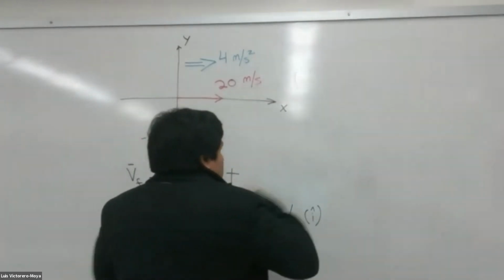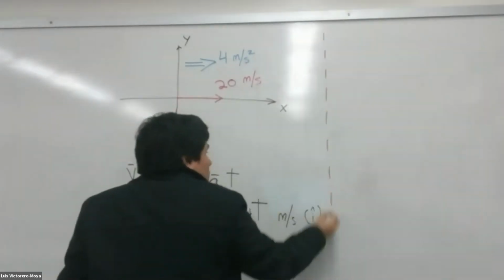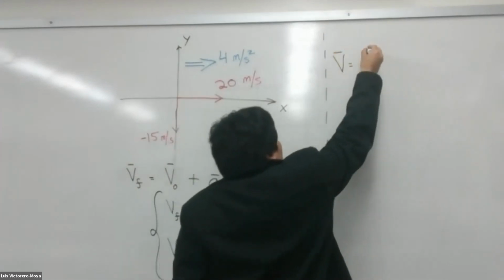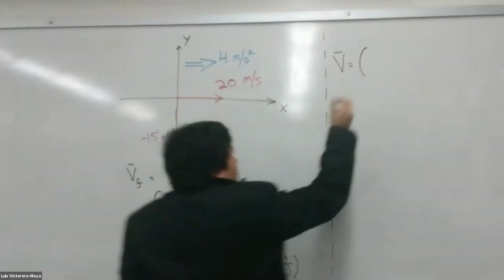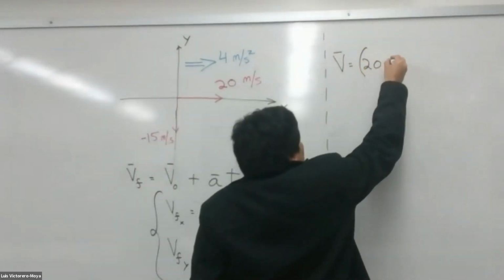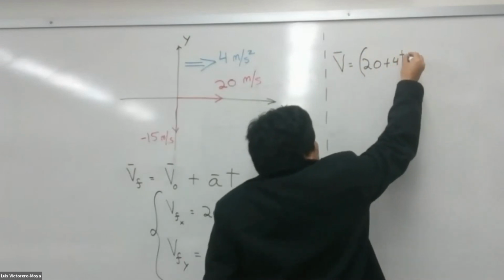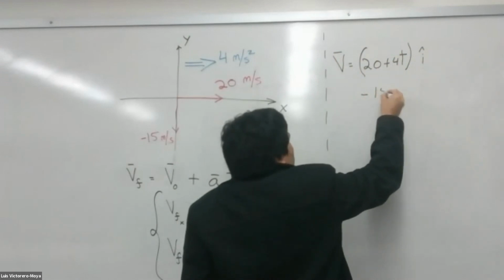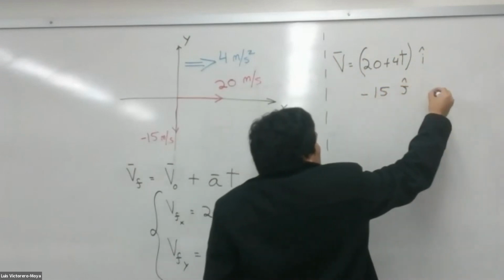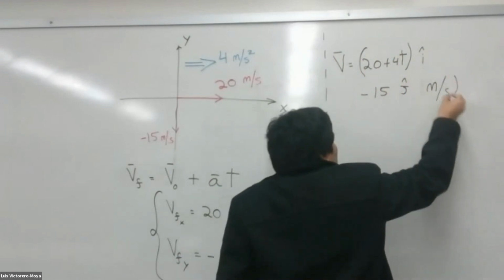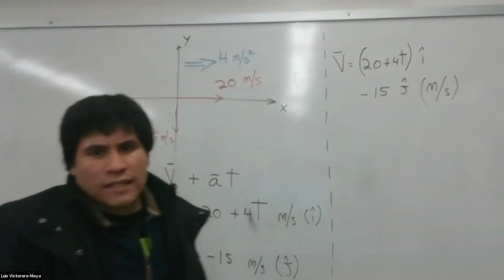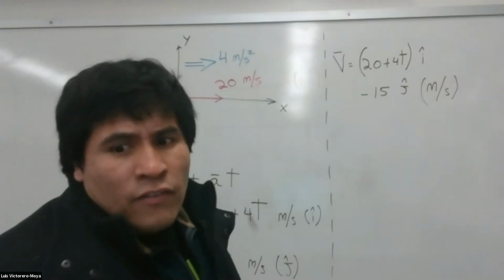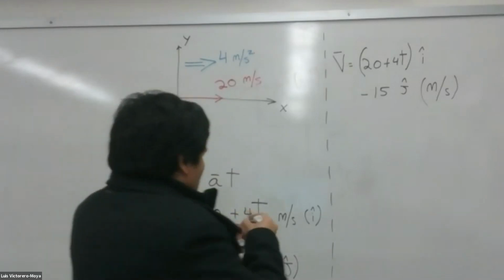So the velocity is parentheses 20 plus 4t i minus 15 j meters per second. That's the velocity. And then obviously they can make you calculate the velocity for t equals 5.